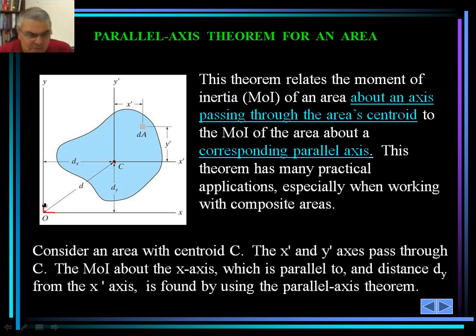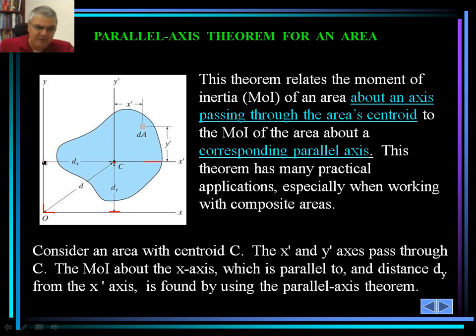So the distance d sub y is the distance that the new axis, the parallel axis, is away from the old axis, which was the one passing through the centroid. And also the y prime axis is away by a distance d sub x from its corresponding parallel axis, which is y.